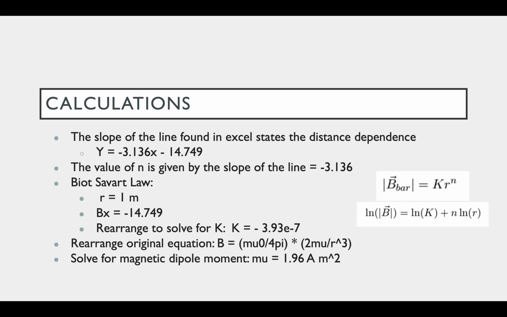We use the Biot-Savart law, where r is equal to 1 meter, and use the Bx value rearranged to solve for k, where k is equal to negative 3.93 times 10 to the negative 7th. The original equation was also rearranged to find B, which was mu naught over 4 pi times 2 mu over r to the power of 3, and we were able to solve for mu by that equation, getting 1.96 ampere meters squared.